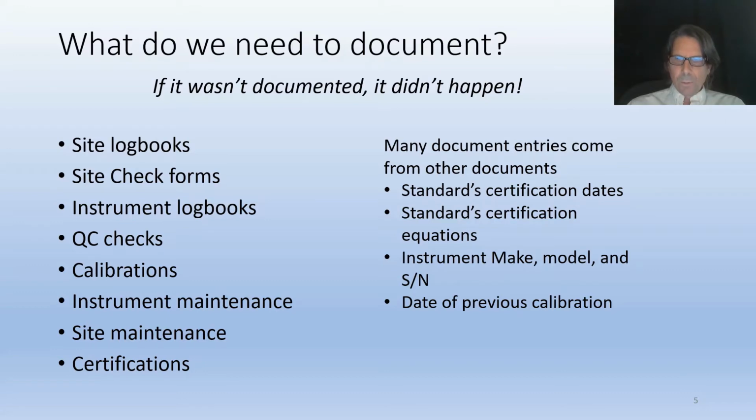So those are present in the certification document, and if we link all of these documents together, we can increase efficiency and accuracy by automatically filling the fields from one document with another. And this is an important part of getting the maximum efficiency and accuracy from the electronic documentation system.